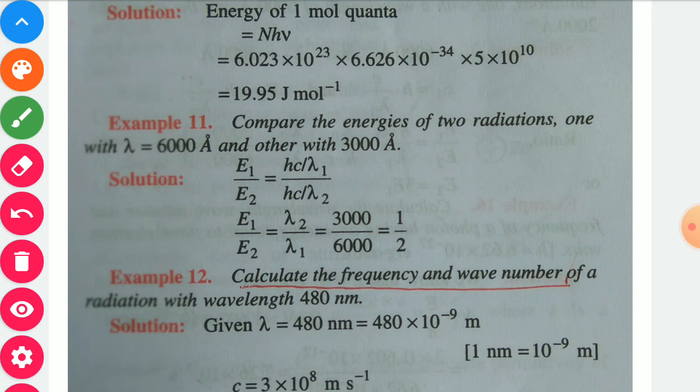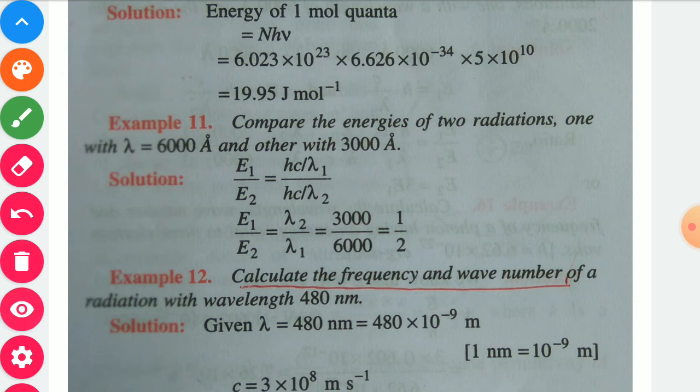As we know that frequency nu is equal to c by lambda. So by this formula we may calculate frequency, and to find out wave number we may apply the formula wave number nu bar is equal to 1 upon lambda.